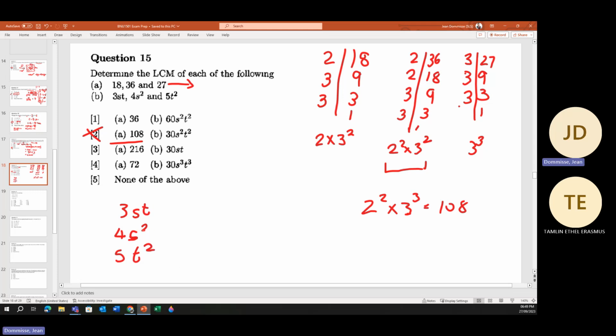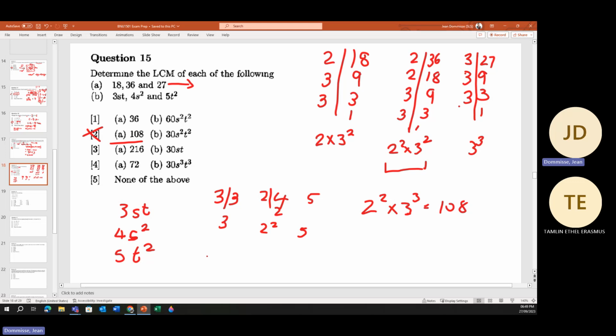So the easiest nearly in here is to say, well, 3 goes into 3. There's basically that one will be 3. 2 goes into 4 twice, so there will be a 2 to the power of 2, and 5 will be 5.